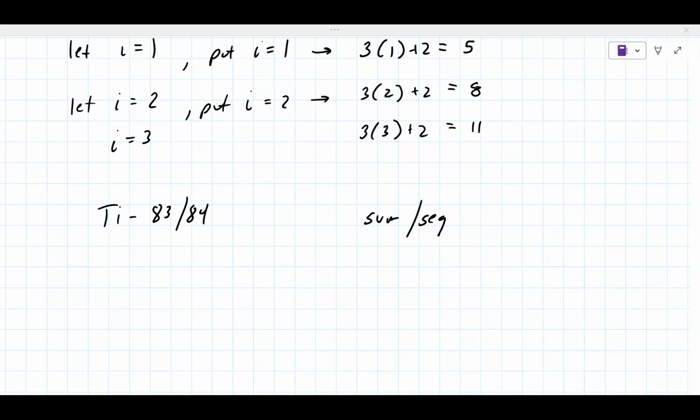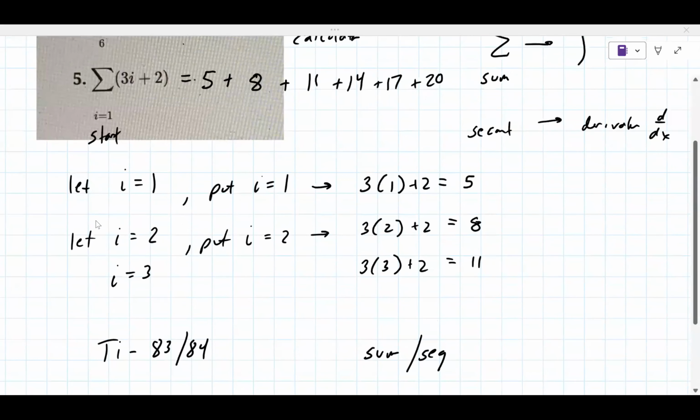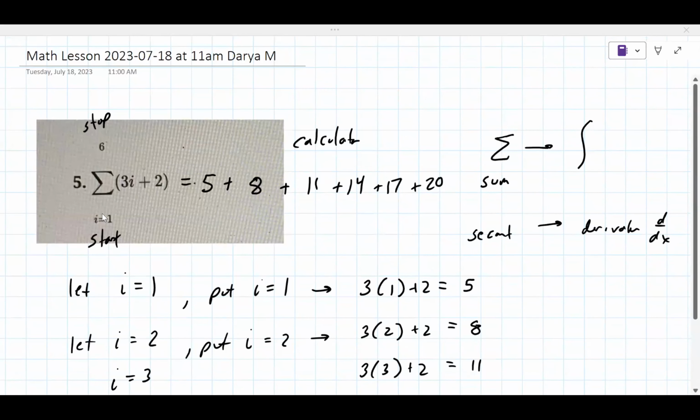That one's kind of a longer video, but it looks like you have to find the sigma button, and then you just enter either i or n, sometimes they use n instead of i, the lower, upper, start, stop, and the formula, and then it does it for you.